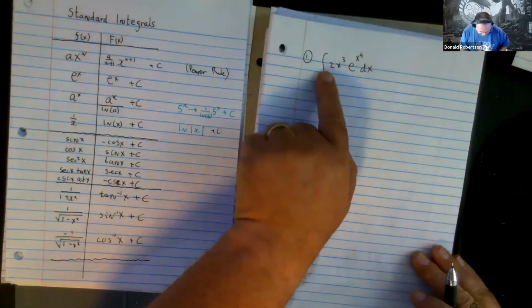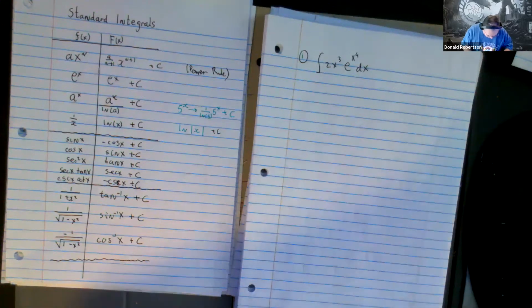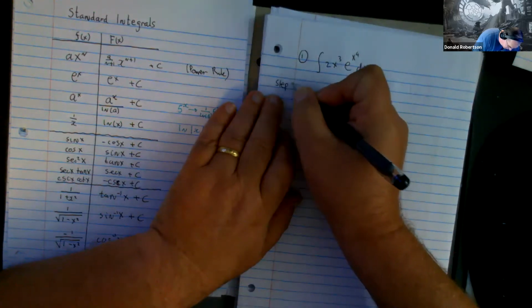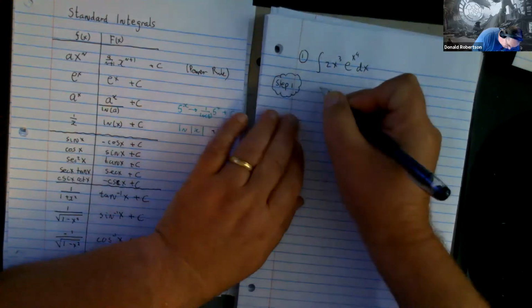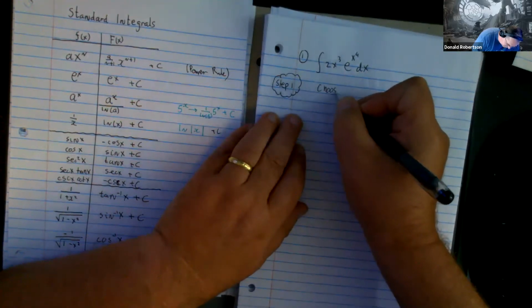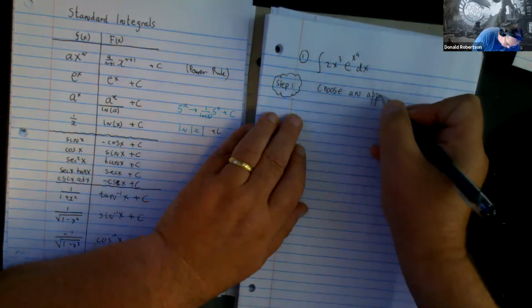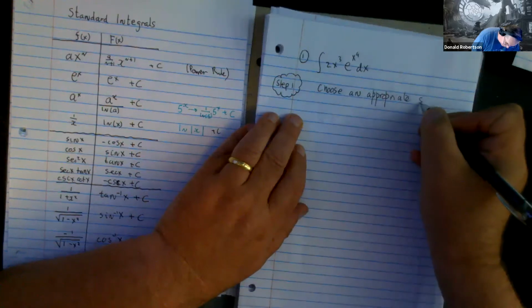So here's a question, and I am going to go through this question very slowly with steps. So the first step, called step 1, is you choose an appropriate substitution.